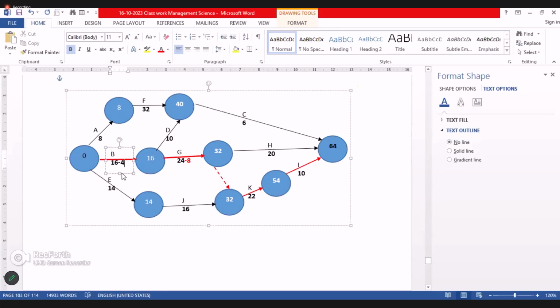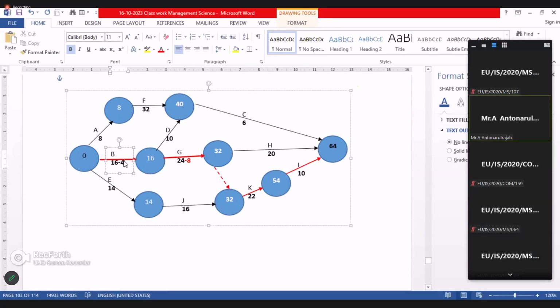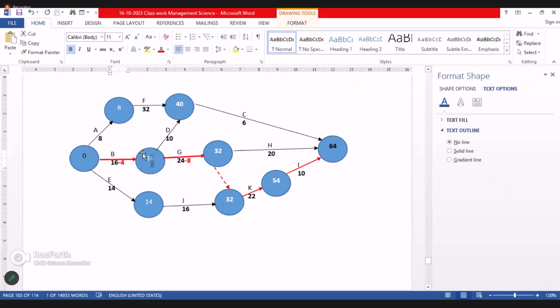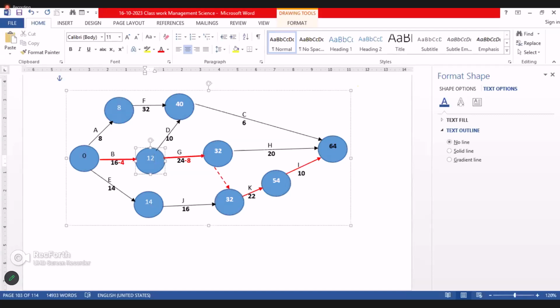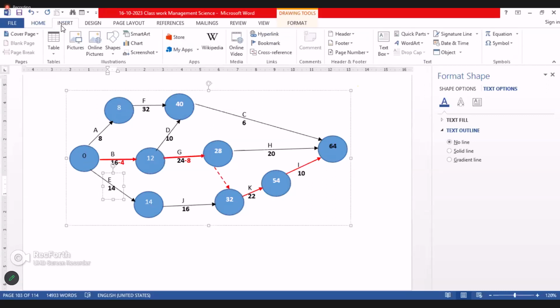Now it becomes 12 plus 16, 28. Here is an important point, so observe carefully.